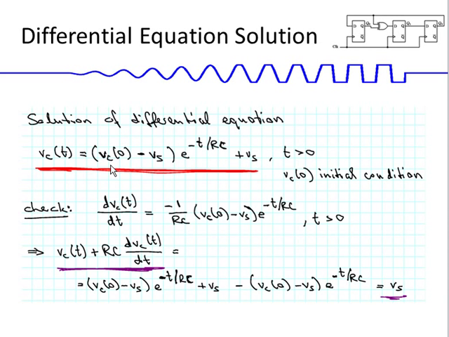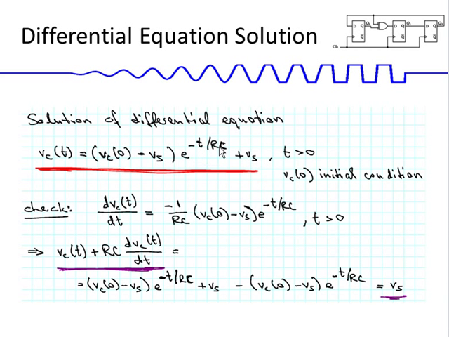Vc(t) is equal to Vc(0), that's the initial voltage across the capacitor, minus Vs, the voltage of the DC source which we use to charge the capacitor, times e to the minus t over RC, plus Vs. So it's a decaying exponential function in time, with the minus sign here.